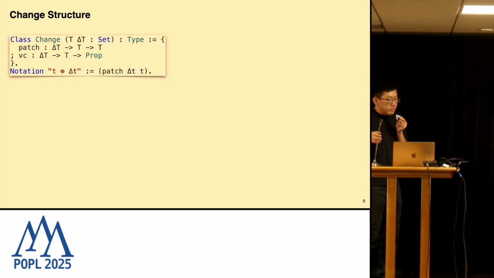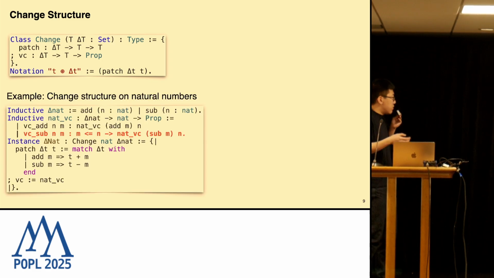As we know, sometimes the value cannot be changed in an arbitrary way. For example, a natural number cannot be subtracted by a bigger one. So we use a binary relation VC to specify the valid changes to a value. And we use the notation ⊕ to denote the patch function in the following.